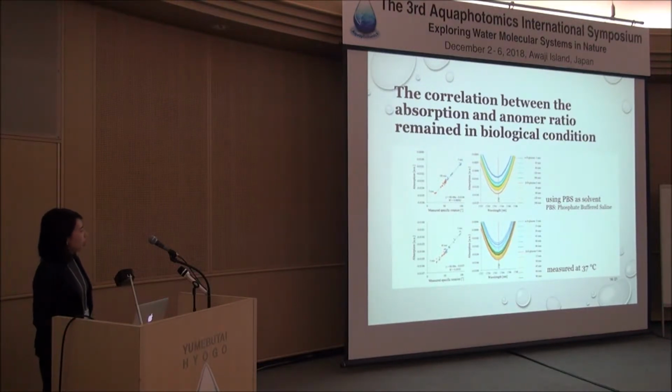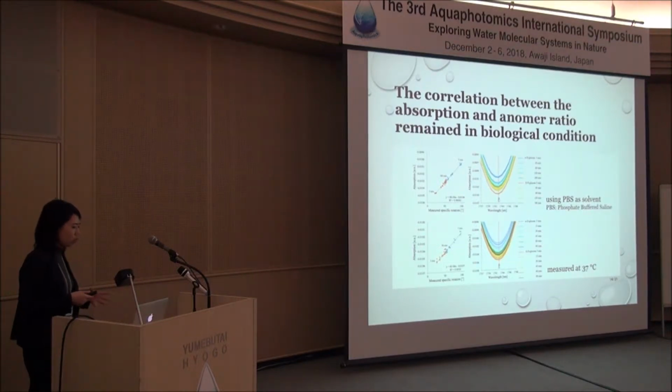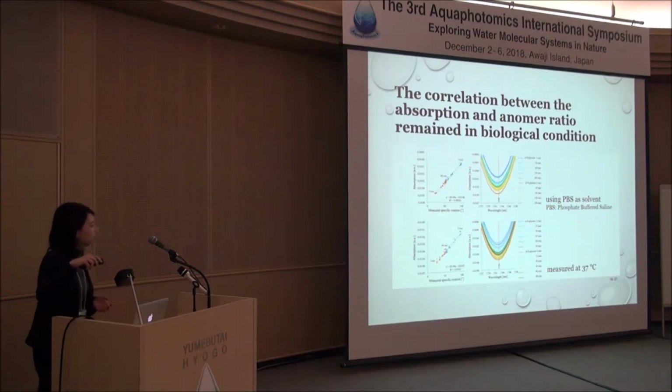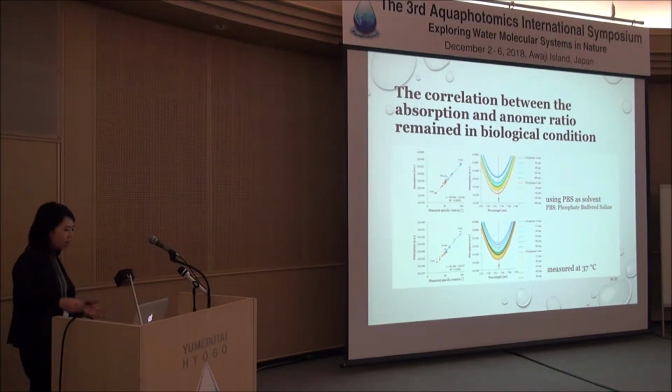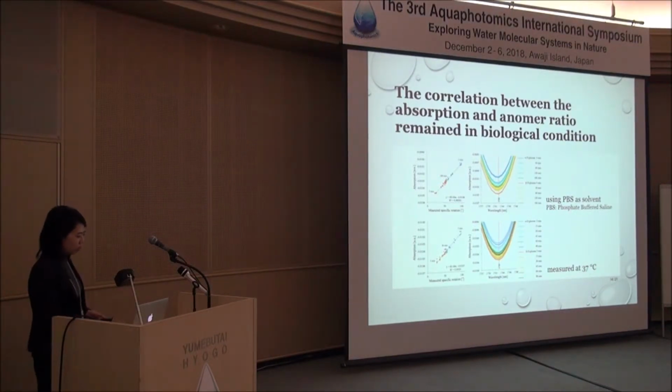In addition, we examine whether the correlation between absorbance at 1742 nanometer and specific rotation holds in biological conditions. We measured the glucose anomer solution in PBS. PBS is phosphate buffered saline, and at 37 degrees, it's body temperature. So I show here both results.